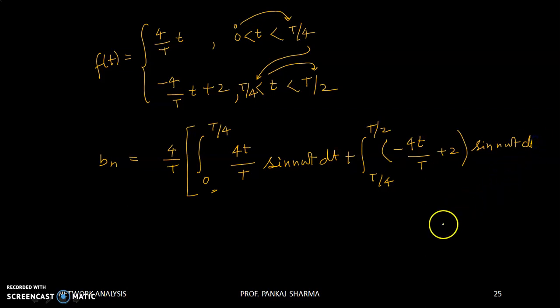Okay, we get Bn is equal to 0 for n is equal to 2, 4, 6 and 8.